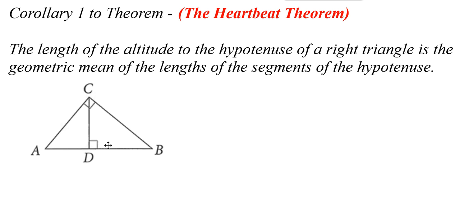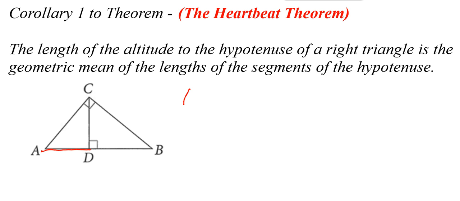The length of the altitude to the hypotenuse of a right triangle is the geometric mean of the lengths of the segments of the hypotenuse. So we're relating CD to our segments AD and DB. We call it heartbeat because you can think of watching a heartbeat on an EKG going across.